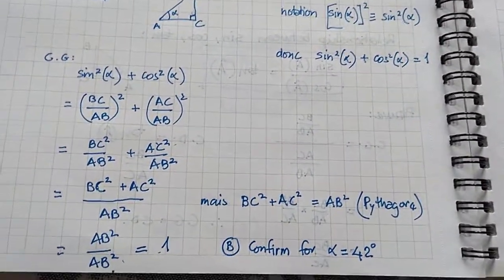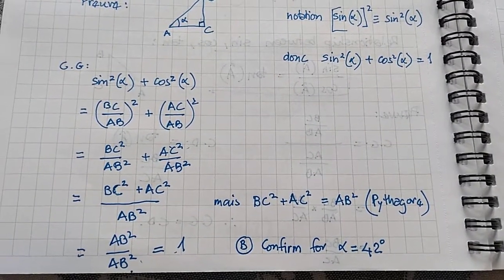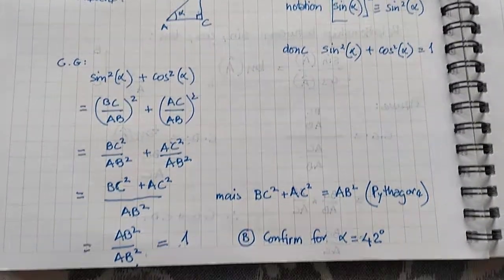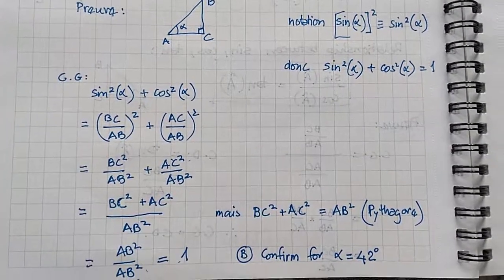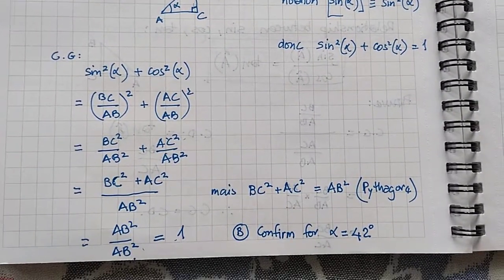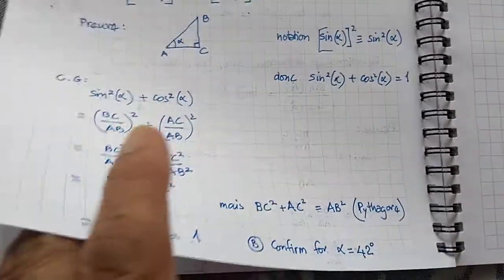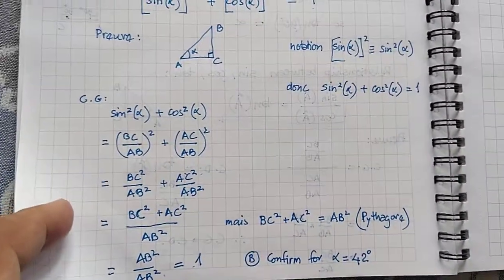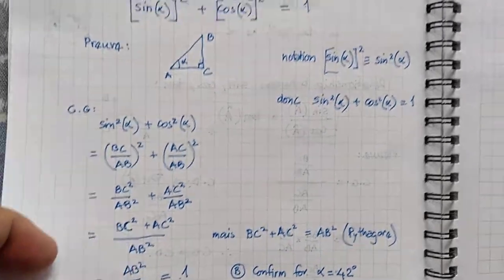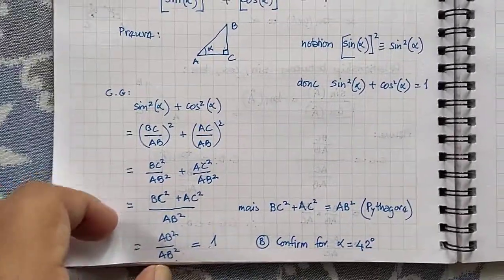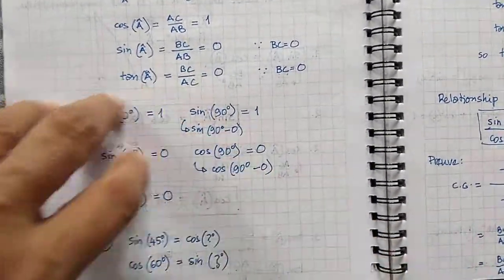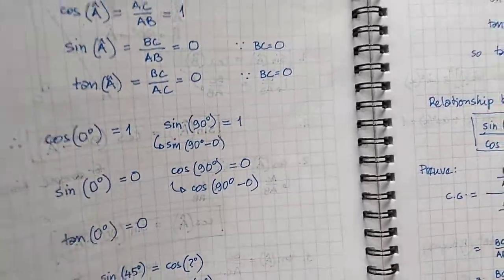We are already 21 minutes into the video, and now these are some of the properties of trigonometric functions. They are not there in the book, but I have given them to you for a more complete knowledge of trigonometry. In this video I made boxes.